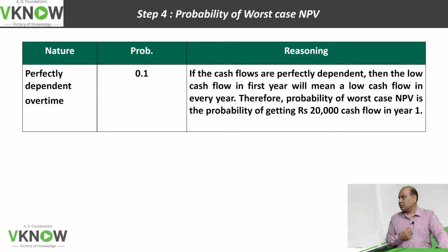Reason write down. If cash flows are perfectly dependent, then low cash flow in the first year will mean a low cash flow in every year.